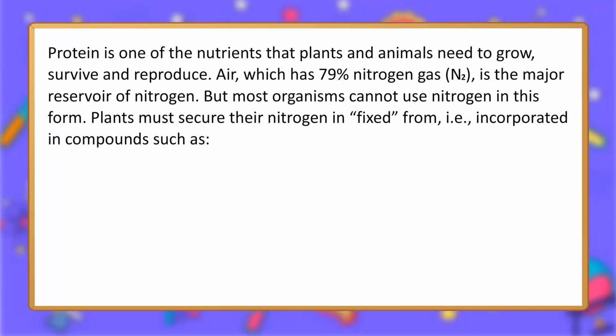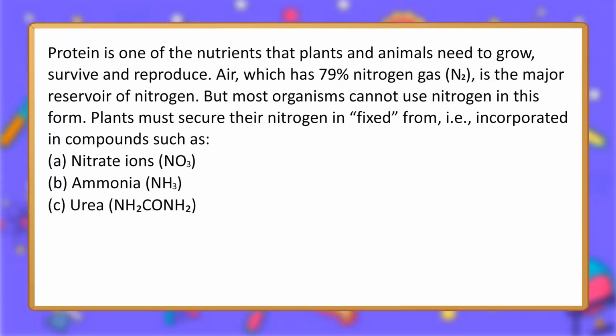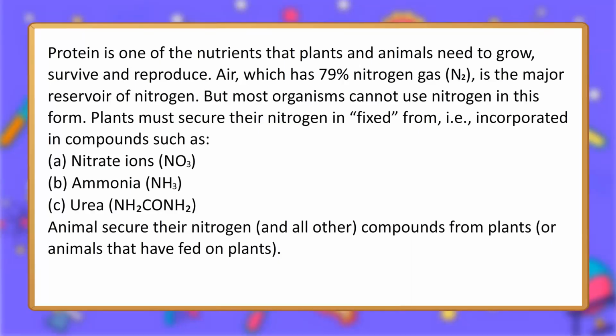Plants must secure their nitrogen in fixed form, i.e., incorporated in compounds such as A. Nitrate ions, NO3. B. Ammonia, NH3. C. Urea, NH2CONH2. Animals secure their nitrogen and all other compounds from plants or animals that have fed on plants.